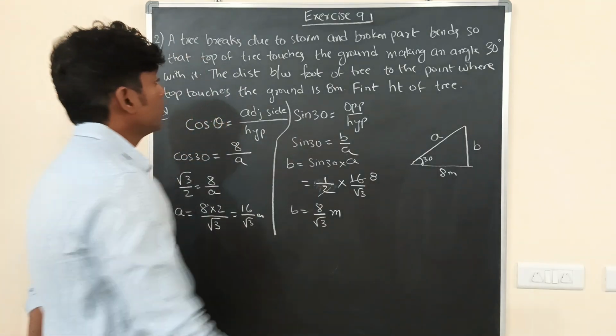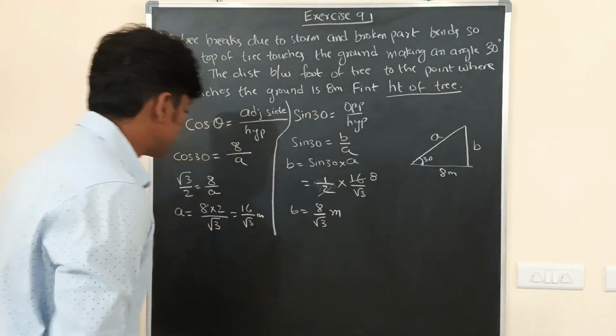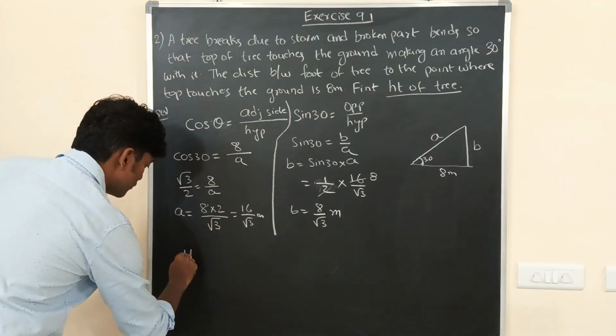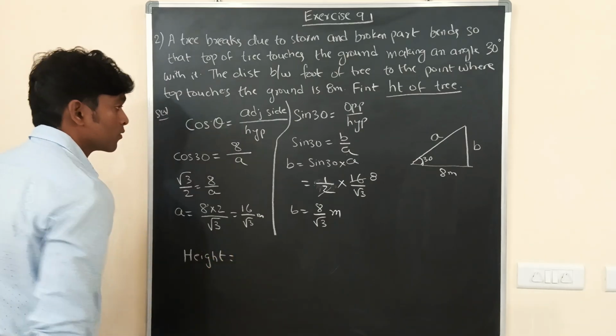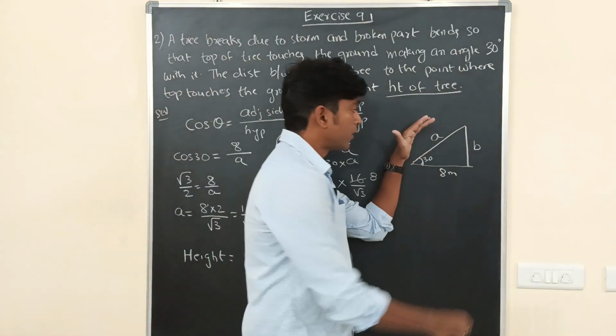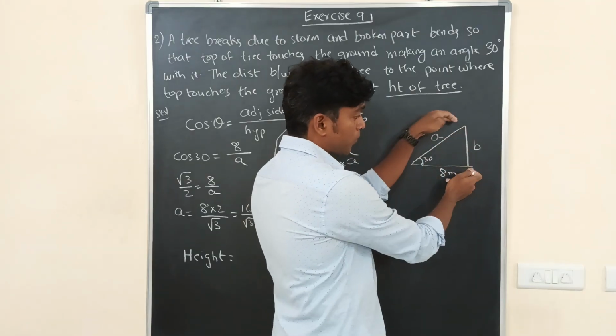So we want the height of the tree. We already discussed the height of the tree. The total tree is, this is part of the tree, and this is also part of the tree.